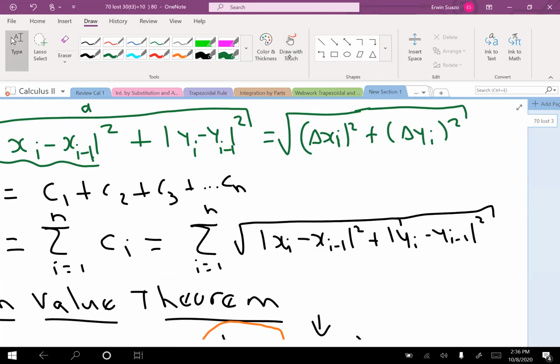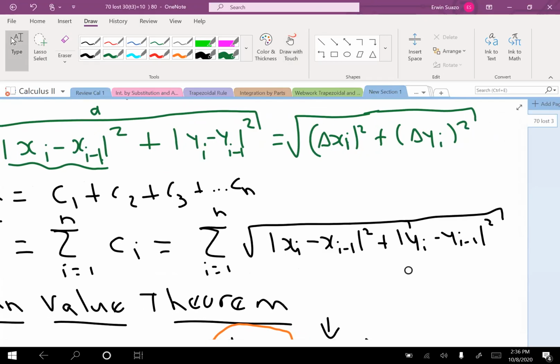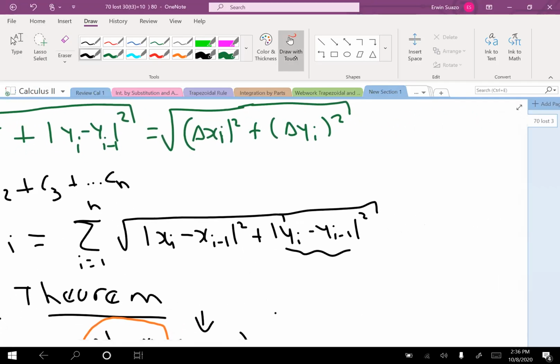But then we're going to replace this by the mean value theorem. So this is the sum, i equals 1 to n, of the square root of delta xi squared. I said I was using delta x, so let's use delta x.